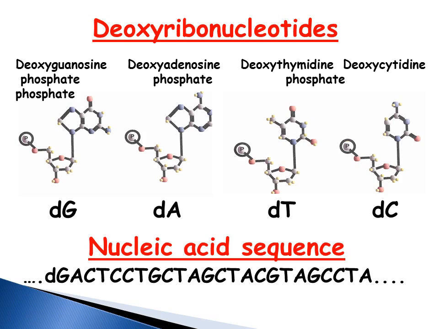Deoxyribonucleotides: you have deoxyguanosine phosphate, which is your guanine, dG, your deoxyadenosine phosphate, your dA, deoxythymidine phosphate, and deoxycytidine phosphate. All of these come together in DNA in a different sequence depending on what area of the genome you're looking at and what individual you might be looking at.